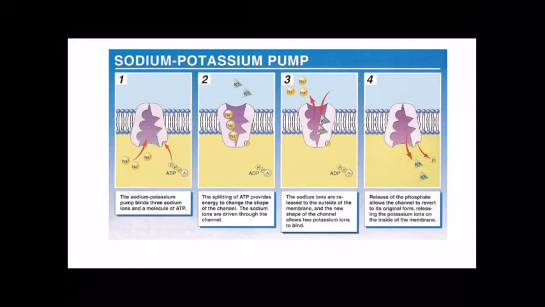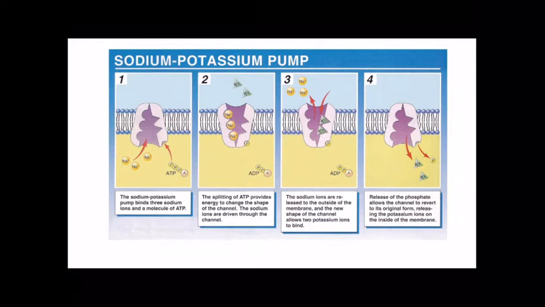Once the ATP bonds, it separates off one phosphate, which breaks the high energy bond, transferring its energy to the sodium-potassium pump. That transfer of energy is seen as a change in the shape of the protein. When the protein changes shape, it closes to the inside and opens to the outside.